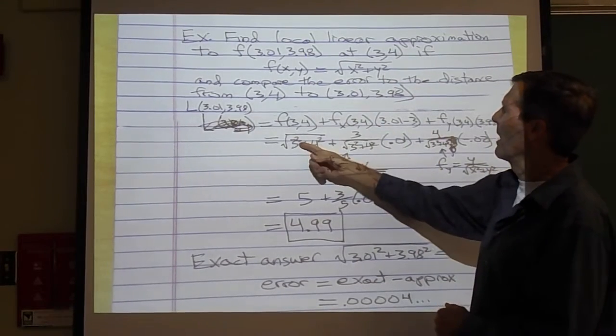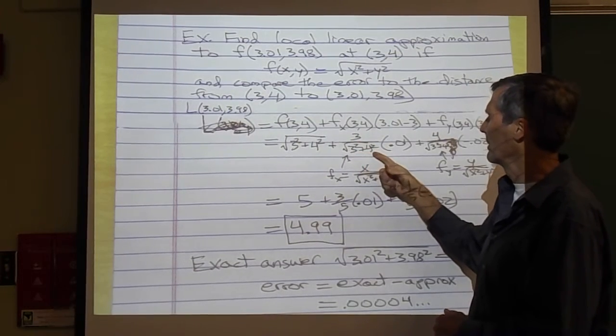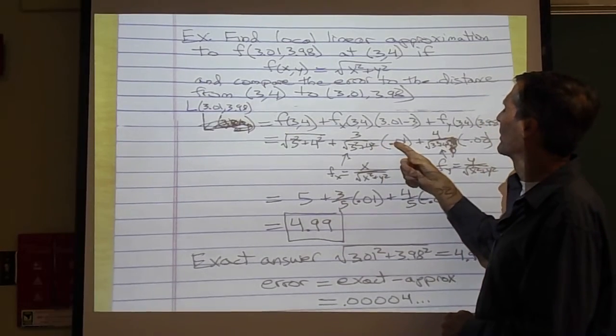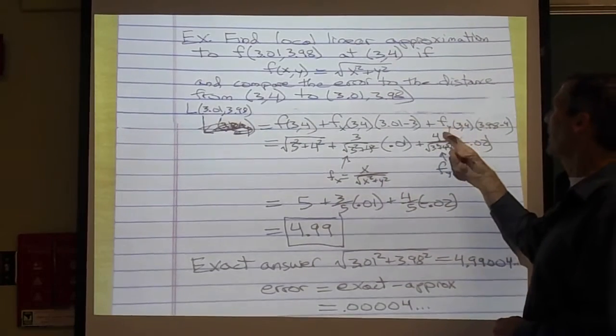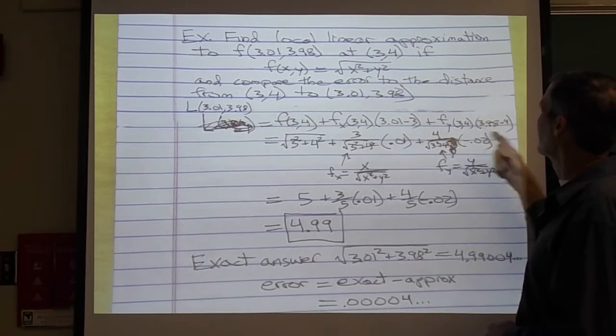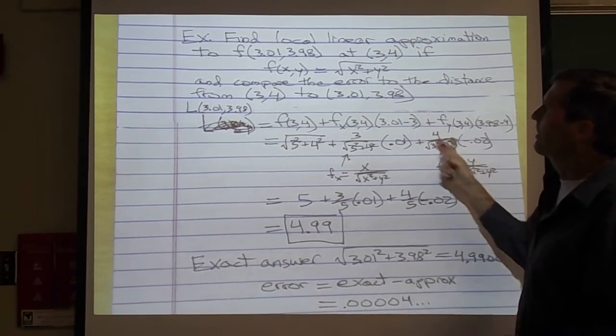But there we go. F at the point plus partial at the point then is 3 over square root 3 squared plus 4 squared, times 0.01, the difference in the x coordinates, plus partial with respect to y was y over square root x squared plus y squared at 3,4, times the difference in the y coordinates. There is the local linearization approximation at this point.